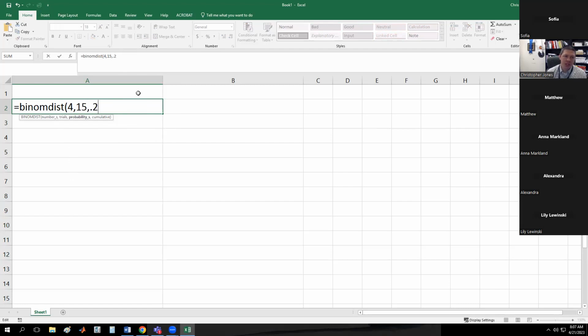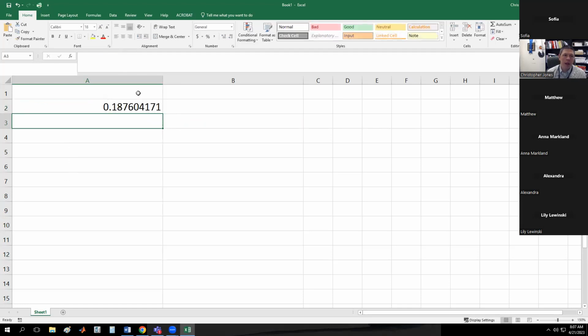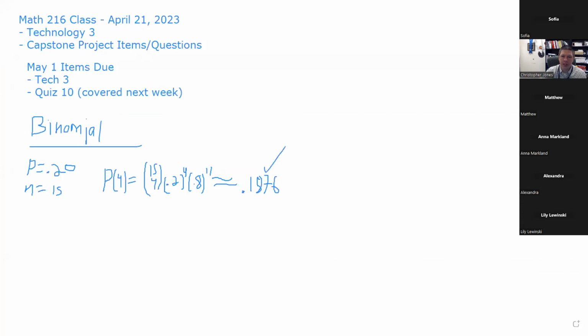The probability of success is 0.2, and then we're going to type in false. Now I get 0.1876, and if we go back to how we did it by hand, we got 0.1876. So with Excel, it makes it a lot faster, especially if we have a whole bunch of these to do.